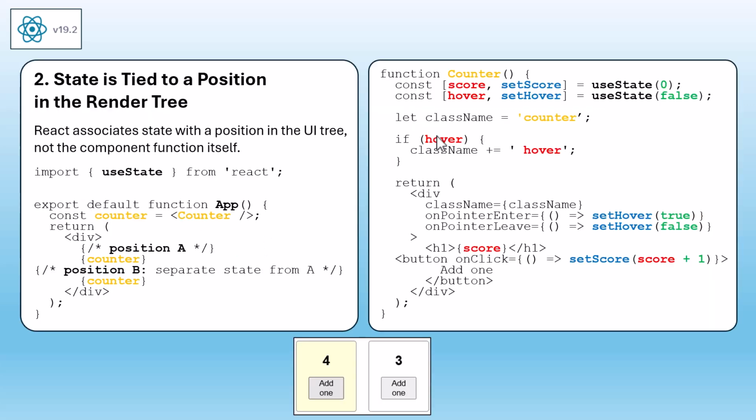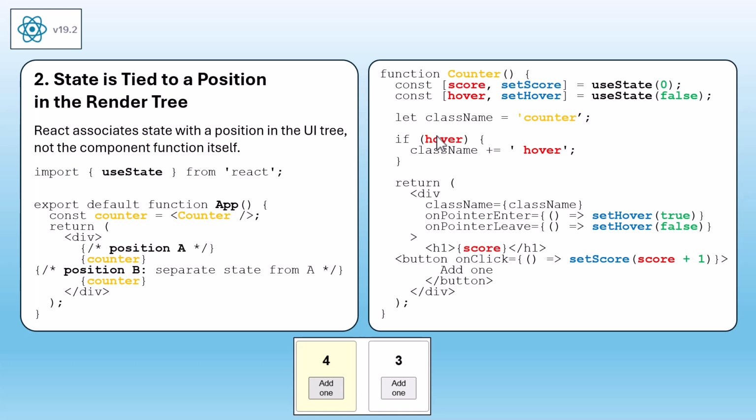2. State is tied to a position in the render tree. React builds an internal render tree that represents your component structure. When you give a component its own state, it might seem like that state lives inside the component itself. But technically, it's stored by React, which links each piece of state to a specific position in the render tree.